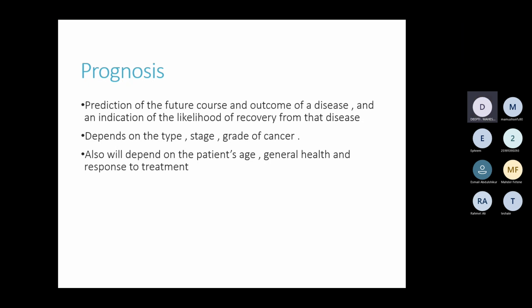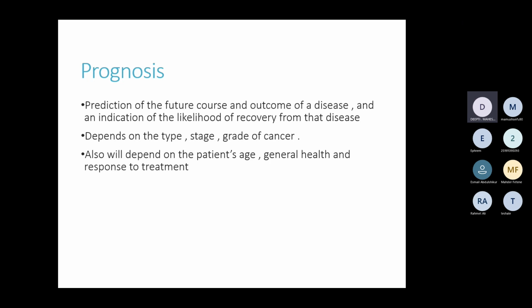See, the doctors have to predict what will be the future course of the disease, how the disease is going to progress, and after giving the treatment, what will be the outcome. Okay, so the doctors will generally tell whether if the patient takes the treatment or if the patient does not take the treatment, in both ways, what is going to be the future of the disease and what will be the outcome after taking the treatment.